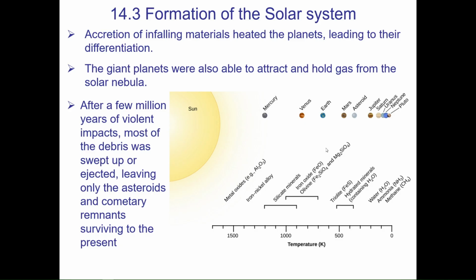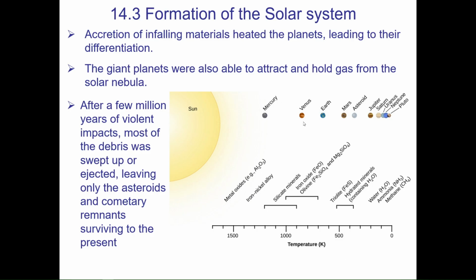And very interestingly, if you look at this image, you can see that the location of Earth is still too close, too hot, for water to form, right? So we actually believe a lot of the water on Earth was brought by the comets during this violent impact period, when a lot of comets came from the outer solar system, impacted Earth, and brought water to its surface.